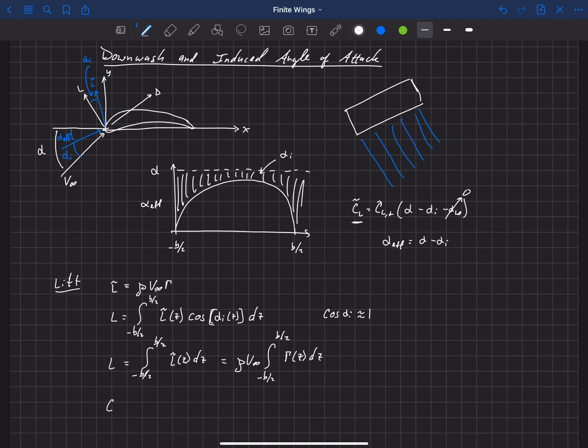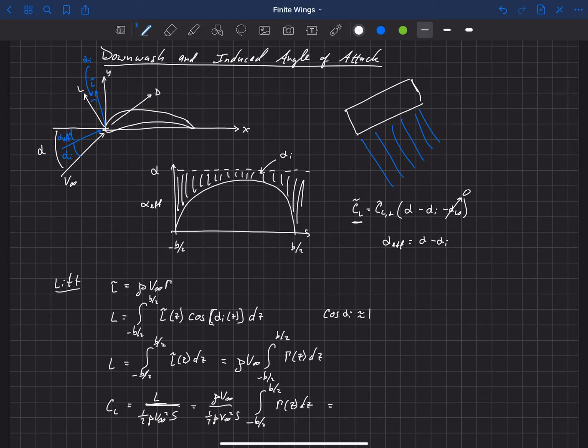And now we can non-dimensionalize that. The total lift can be written as a lift coefficient by dividing the lift by 1/2 rho v infinity squared times the wing area. That's how we non-dimensionalize a force on a wing. If we plug this in, we get rho v infinity over 1/2 rho v infinity squared S times the integral from minus b halves to b halves of gamma of z dz.